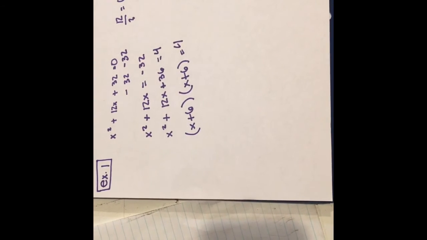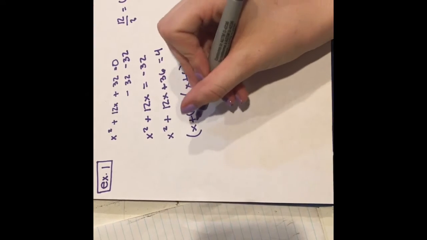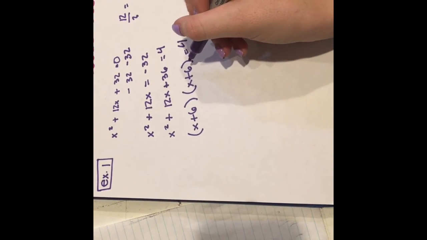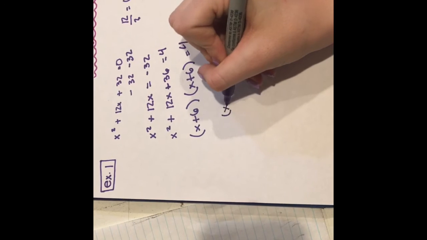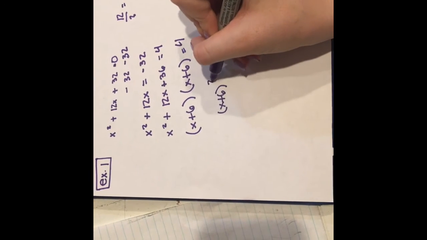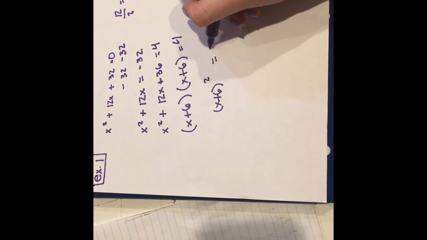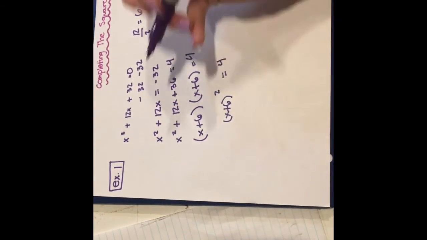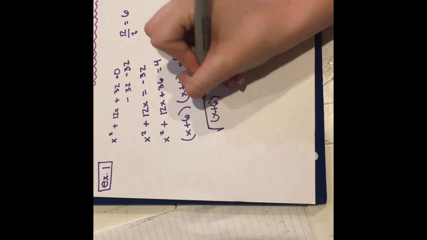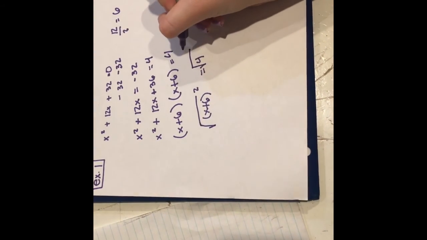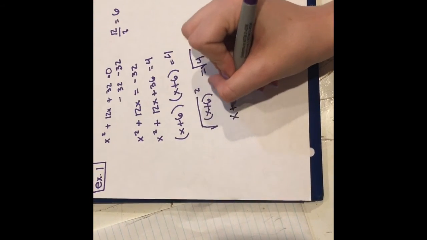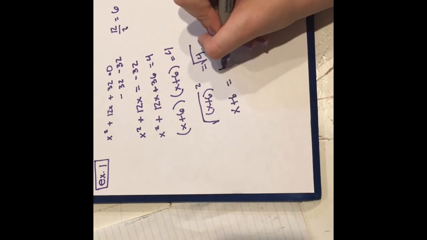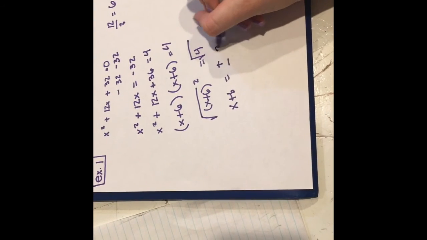That's going to become (x plus 6) squared equals 4. Then we have to get rid of this squared, so we're going to square root it. And it's going to become x plus 6 equals plus or minus 2.